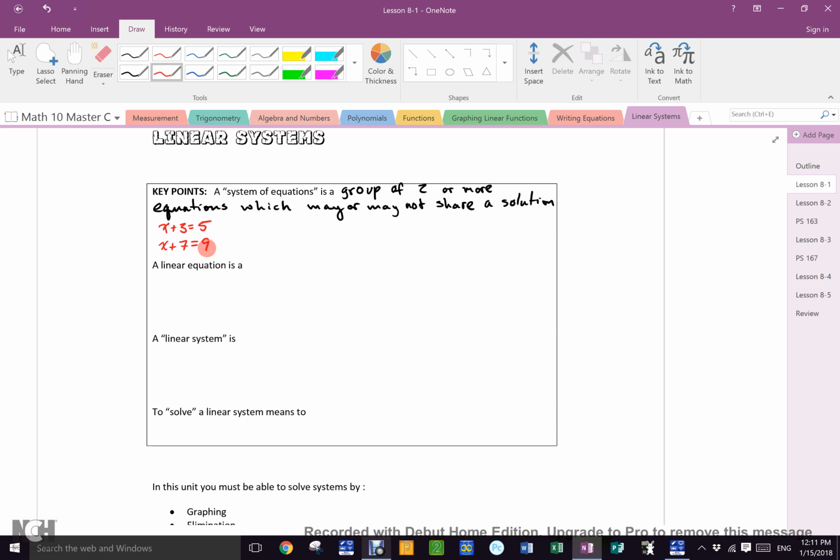So do they share that solution? Yes. So what would the solution to that system be? It would be x equals 2. Because 2 plus 3 equals 5 and 2 plus 7 equals 9. Yeah? Is everybody good?